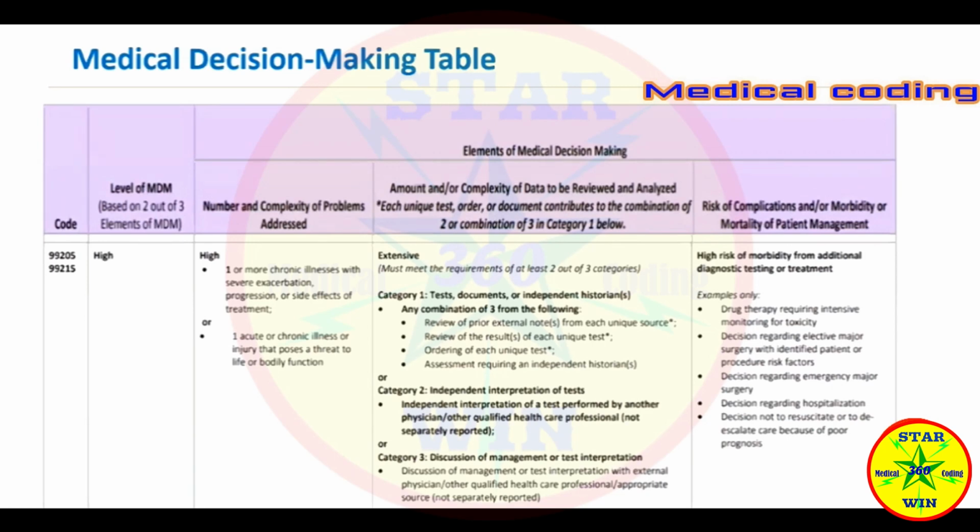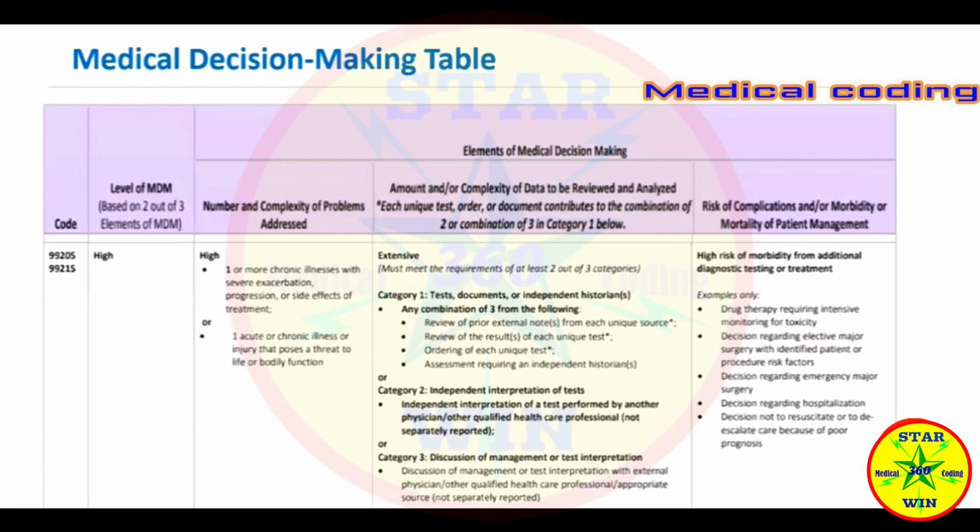Coming to the risk of complications, which comes under high. The example given is drug therapy requiring intensive monitoring for toxicity. So social determinants of health come under moderate, and drug therapy requiring intensive monitoring for toxicity comes under the high category.